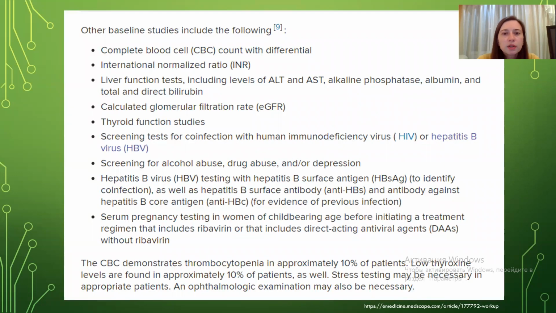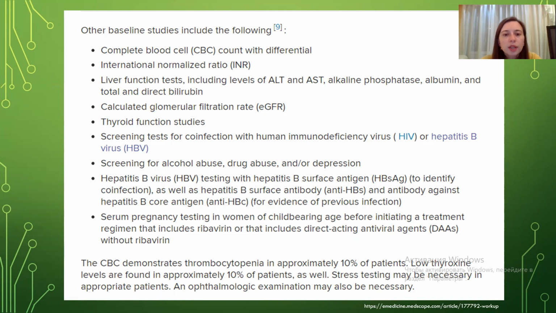Other baseline studies include the following: complete blood cell count with differential, international normalized ratio, liver function tests including levels of ALT and AST, alkaline phosphatase, albumin, total and direct bilirubin, calculated glomerular filtration rate, thyroid function studies, screening tests for co-infection with human immunodeficiency virus or chronic hepatitis B, and screening for alcohol abuse, drug abuse, and depression.